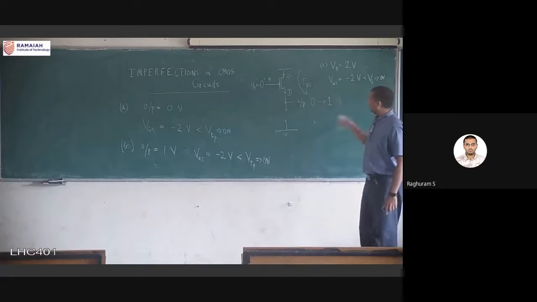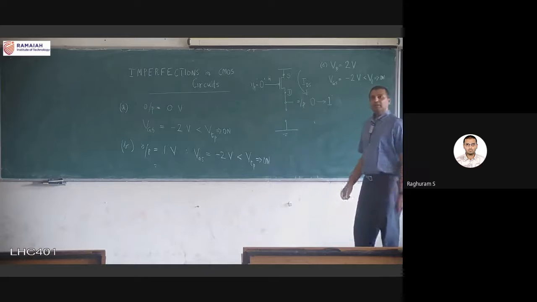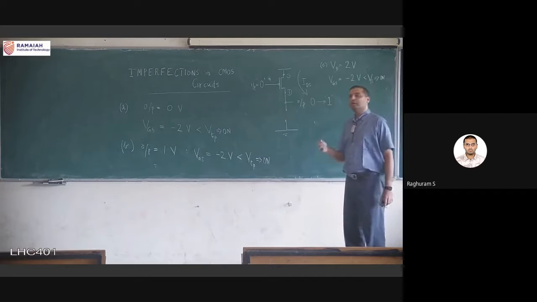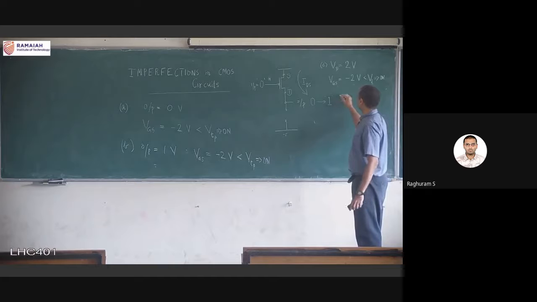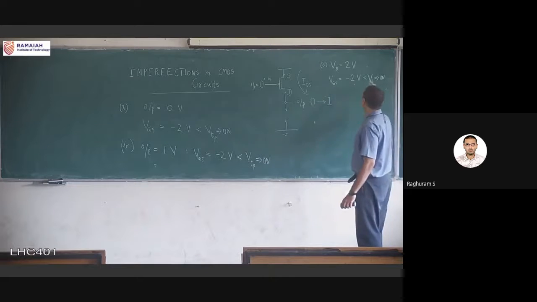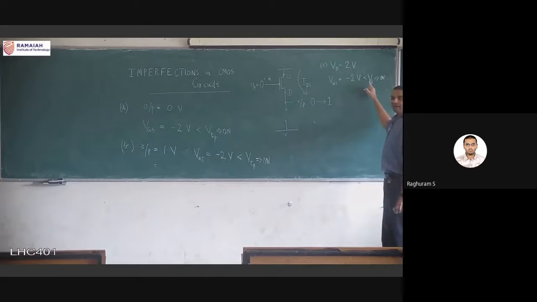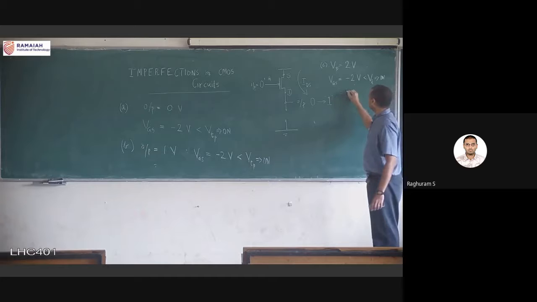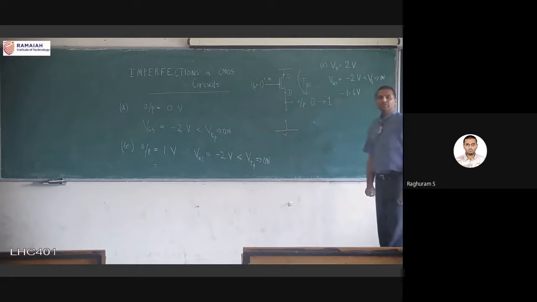For this region alone, let us analyze the region of operation of the transistor. So we want to compare VDS and VGS minus VT. VGS minus VT is minus 2 minus of minus 1.4, so that is minus 1.6 volts. And what is the value of VDS for case E?